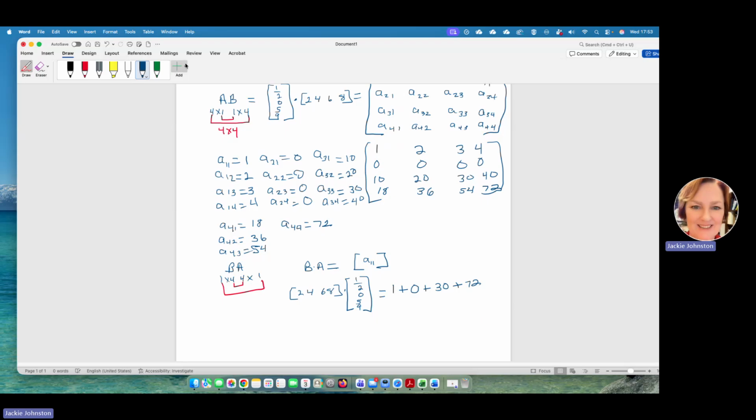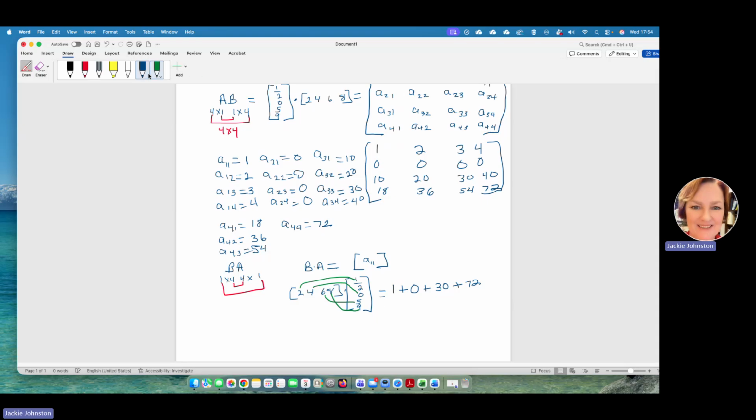So again, look at what we're doing here. I'm going to do row 1, column 1, which is 2 times 1/2, which is 1. Okay, then I'm going to do 4 times 0, which is 0. And we're going to add these. 6 times 5, which is 30, and then 8 times 9, which is 72.